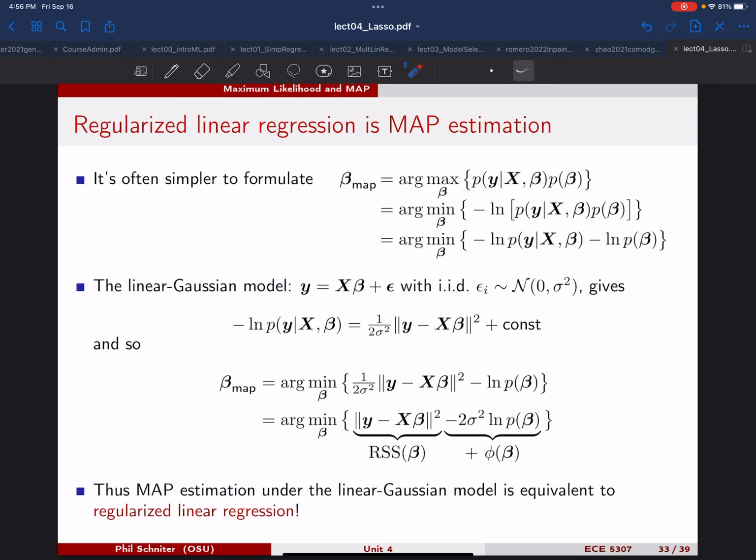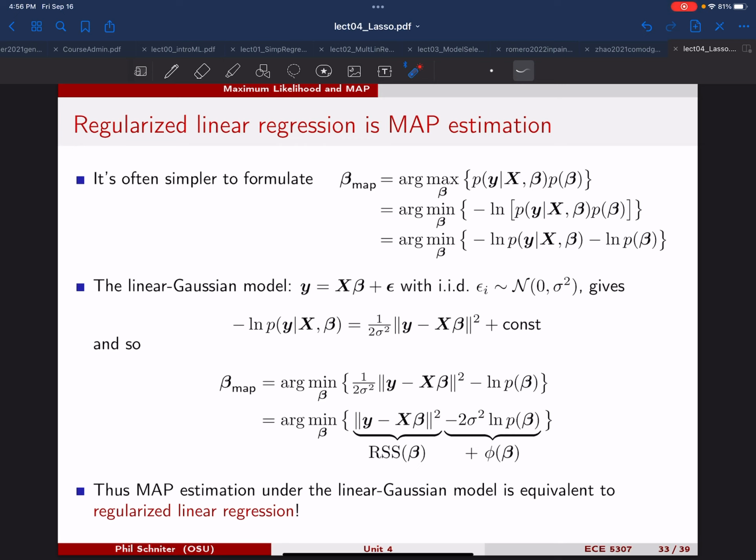And now if I'm minimizing this over beta, that's the same thing as minimizing a scaled version of this over beta. So I can actually just multiply both of these terms by 2 sigma squared. And these are going to result in finding the same betas. So if I multiply both terms by 2 sigma squared, I'm going to cancel it here, and I'm going to introduce it here.